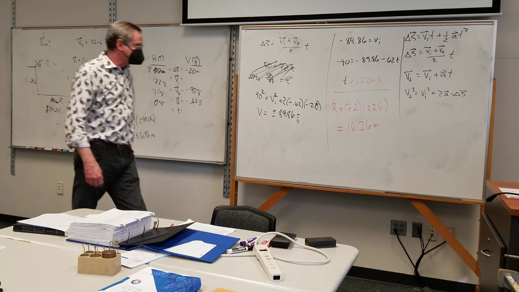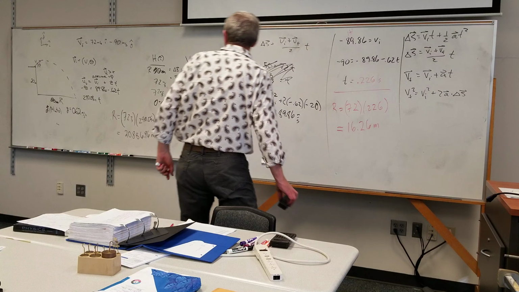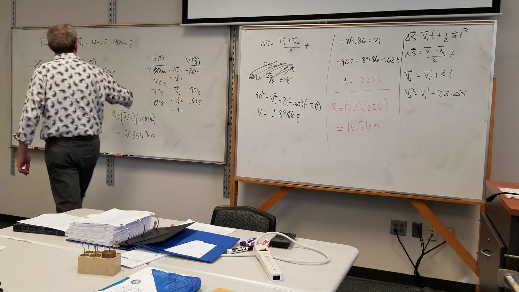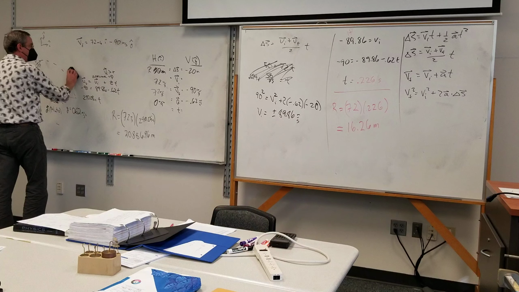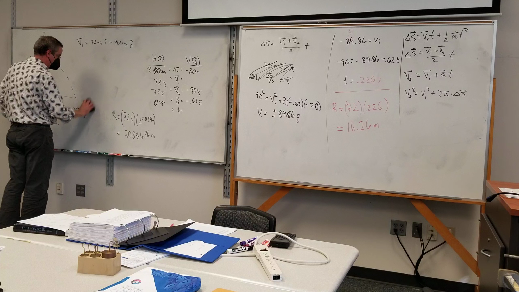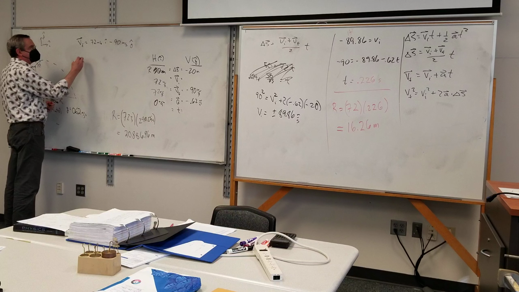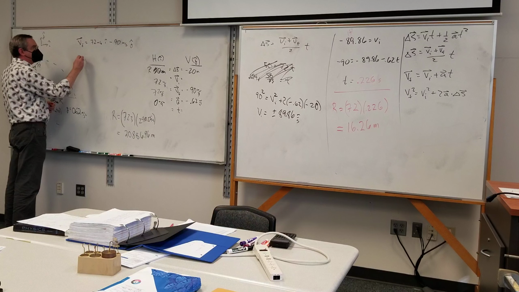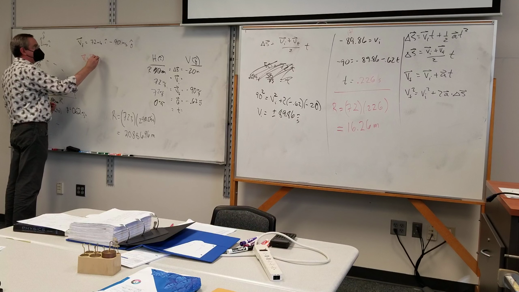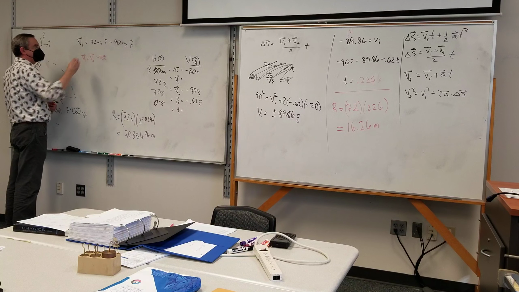And I need some space. From the third equation, I know that VI is equal to VF minus AT.